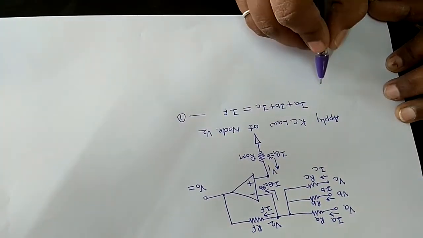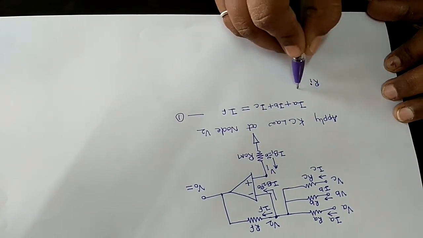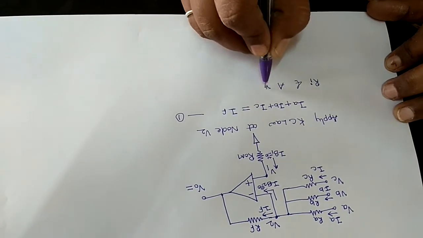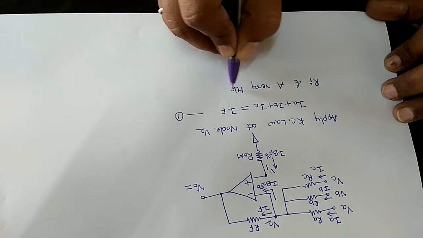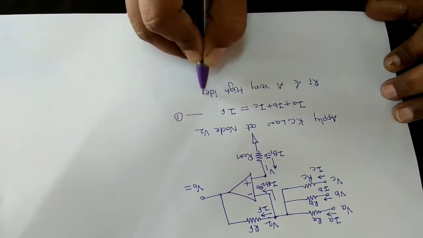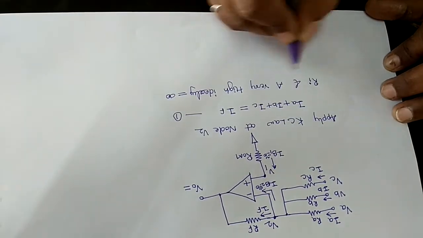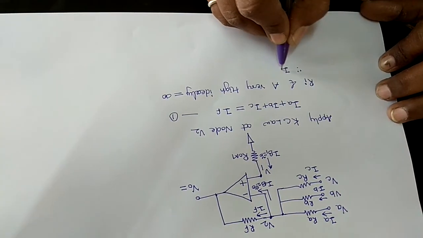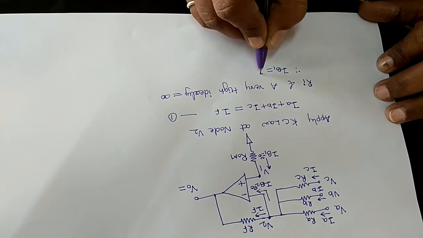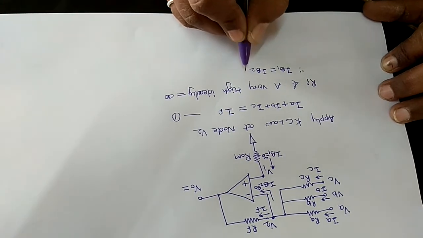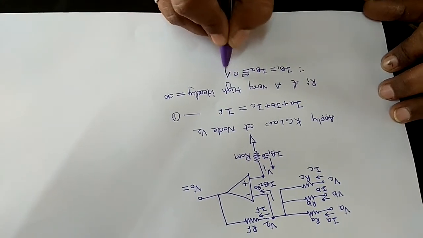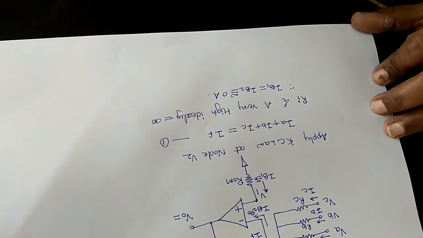We know that as the input resistance of the op-amp and open loop gain A are very high, ideally infinite, the input bias currents IB1 and IB2 are approximately equal to 0 ampere.